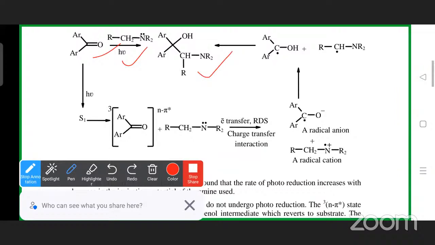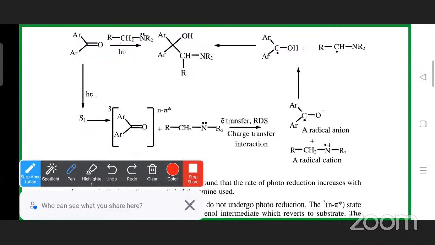And when you see the mechanism, generally first it is excited, and after that by ISC, it is undergoing the triplet sensitization.